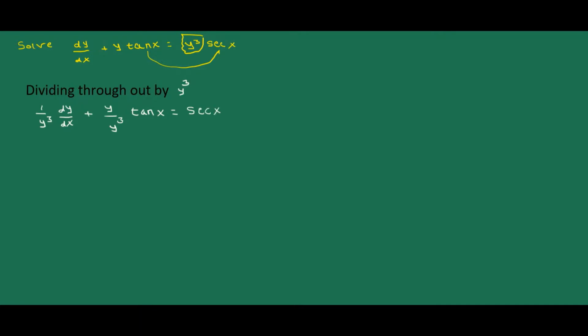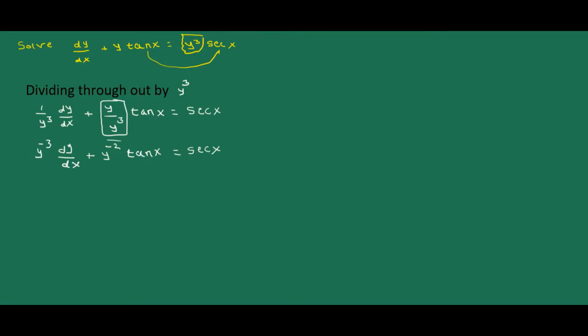The same term we can write as y raised to minus 3 into dy by dx. In y divided by y raised to 3, one of the y gets cancelled, and transposing to the numerator you will get y raised to minus 2 into tan x is equal to sec x.